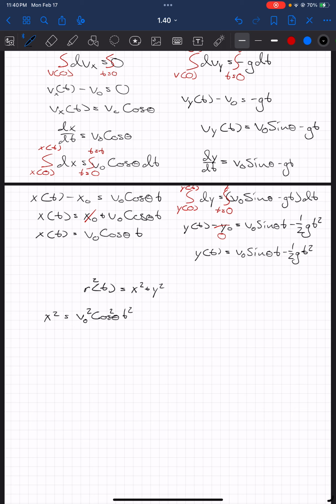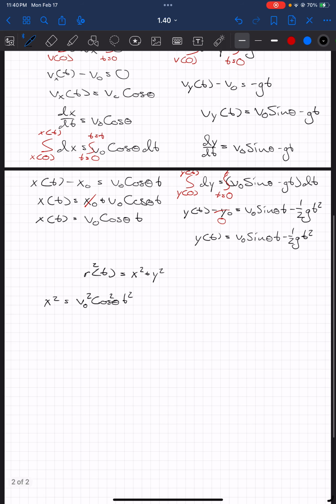And y of t is a little more complicated since it's got two things being subtracted, so we have to write it out just to make sure that we're clear and we don't mess anything up. So v naught sine theta times t, minus 1/2 gt squared, all squared, is just multiplying it by itself.